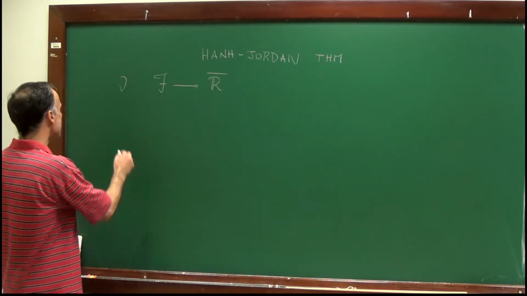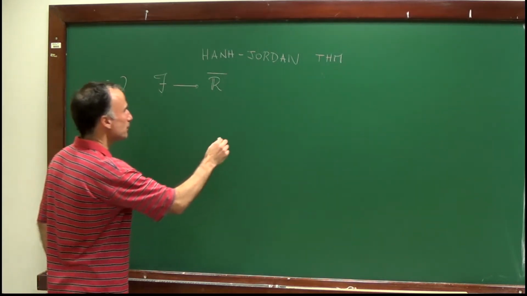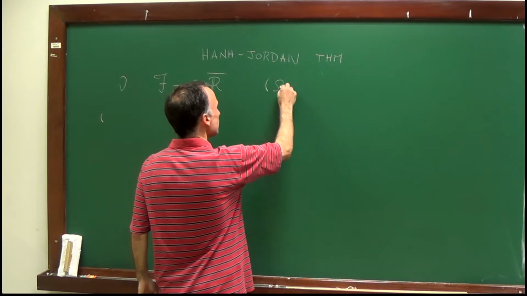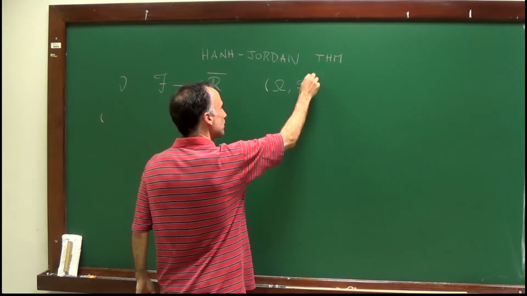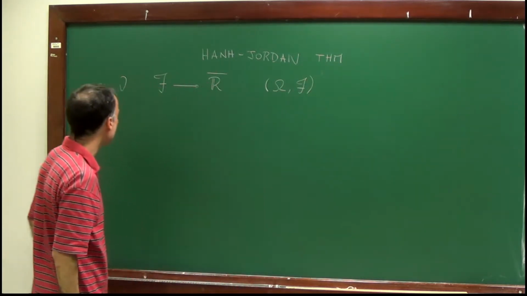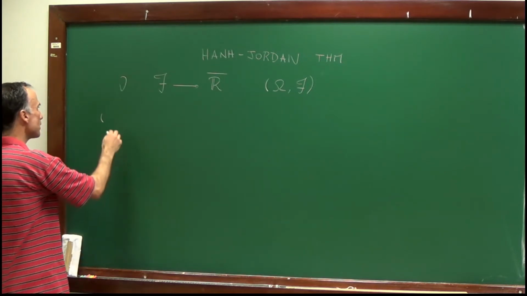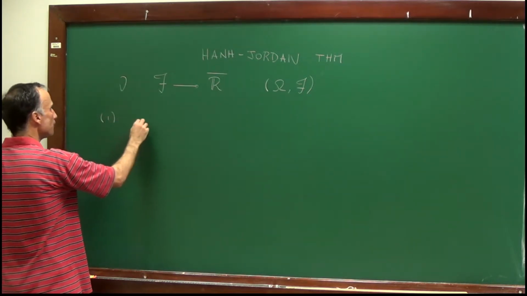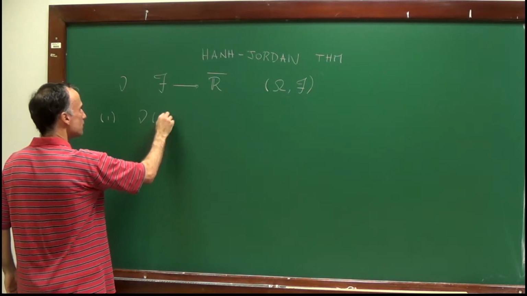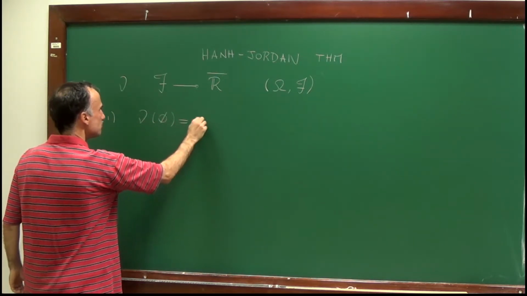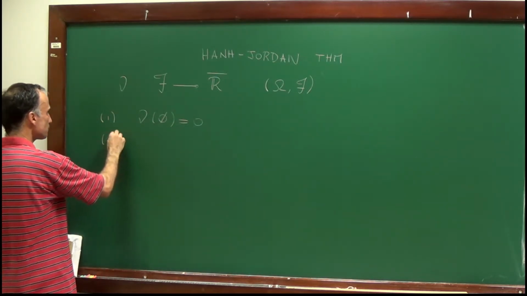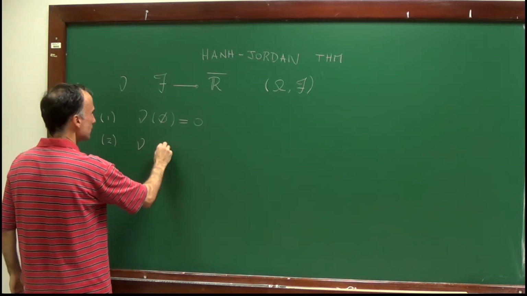I will always assume, so remember that we have a set omega and we have a sigma algebra of subsets of omega. I will always assume that nu of the empty set is equal to 0 and that nu is sigma additive.